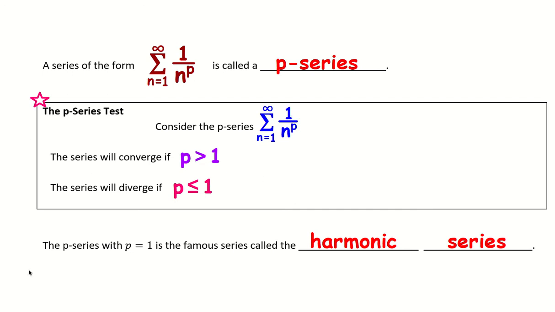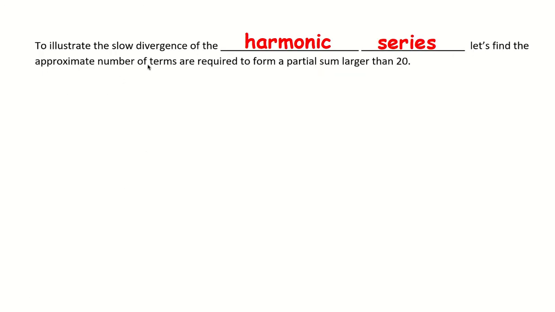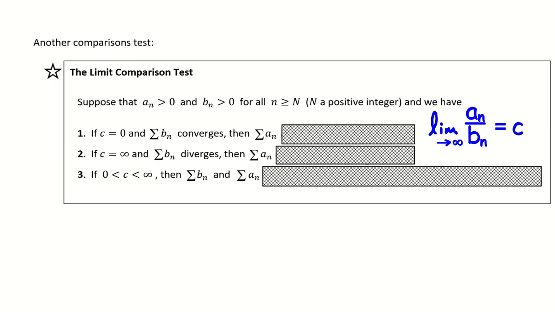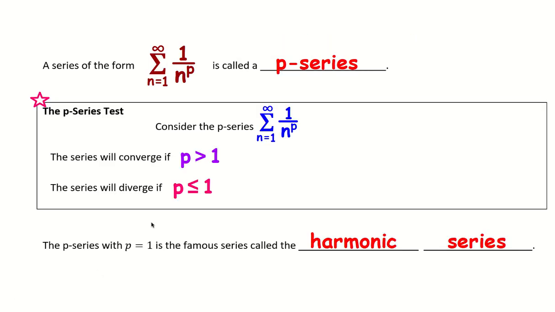That's 1 over 1 plus 1 over 2 plus 1 over 3 plus 1 over 4 plus 1 over 5 plus 1 over 6 plus 1 over 7 plus 1 over 8. Believe it or not, that diverges. I know, it's one of those crazy things. That's why it's such a famous series.